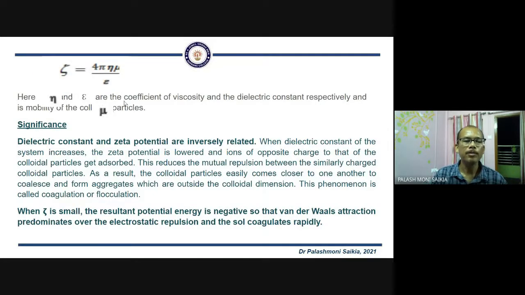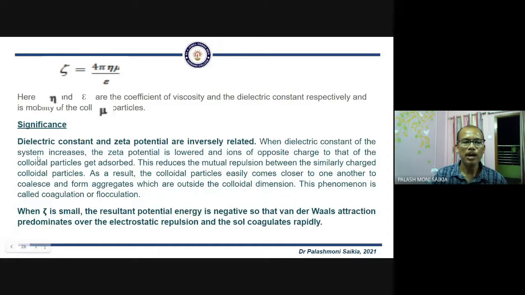This is in fact the significance of DLVO: when the dielectric constant decreases or increases, the zeta potential correspondingly increases or decreases inversely. If the dielectric constant increases, the zeta potential decreases, and vice versa.